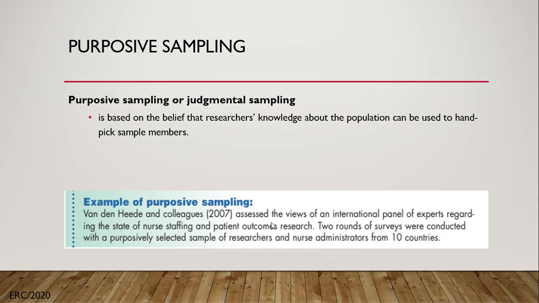Okay? Here is an example of purposive sampling: the study of Bande, Head, and colleagues in the year 2007 assessed the views of an international panel of experts regarding the state of nurse staffing and patient outcomes research. Two rounds of survey were conducted with a purposively selected sample of researchers and administrators from 10 countries.